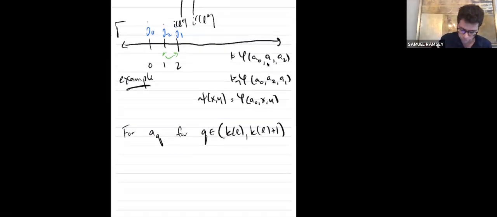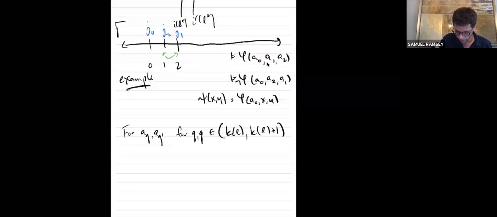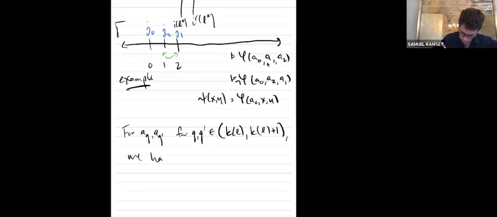Then what do we have? We note that if we look at Q and Q prime, for Q and Q prime living inside the set, when they're in the right order, meaning when we've swapped them so that the smaller one comes first, we know that phi became true.